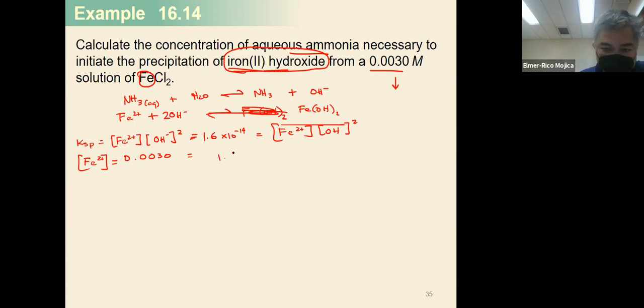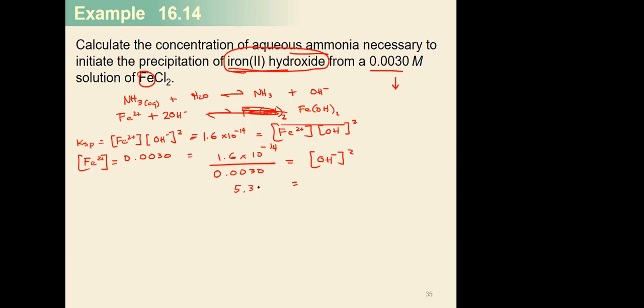So you have the 1.6 times 10 to the negative 14 divided by 0.0030. And what do you get in terms of the OH- squared? 5.33 times 10 to the negative 12.